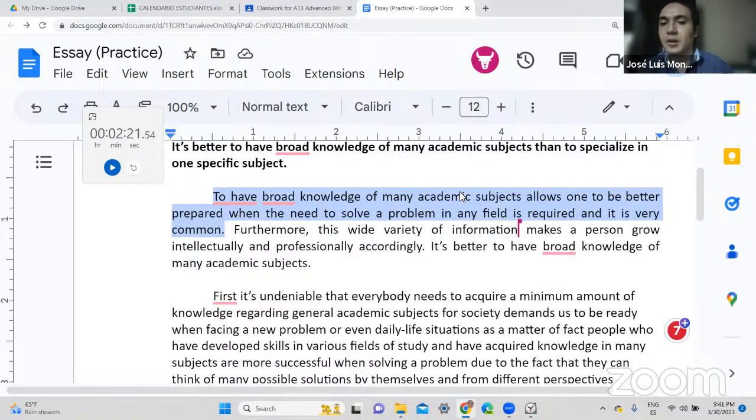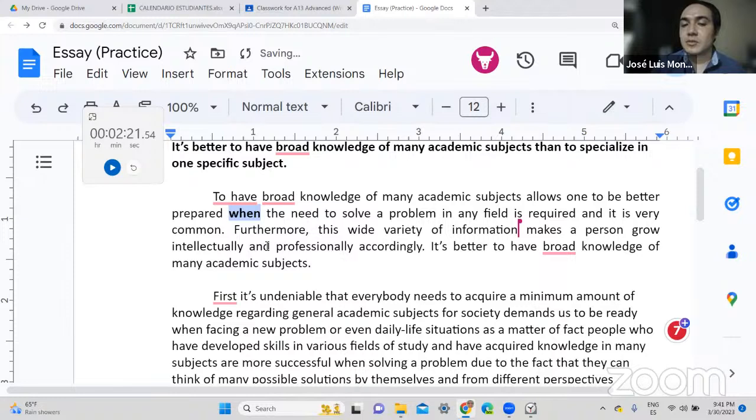You don't need any commas unless you consider that this idea with when is something extra, but it's not necessary if when is in the middle and the first part is the first clause for when. So yes, it is a complex sentence, and you know that when you have subordinating conjunctions in the middle, remember these subordinating conjunctions can be when, while, since, because, all right, those words that don't need a comma when they are in the middle of your two ideas.